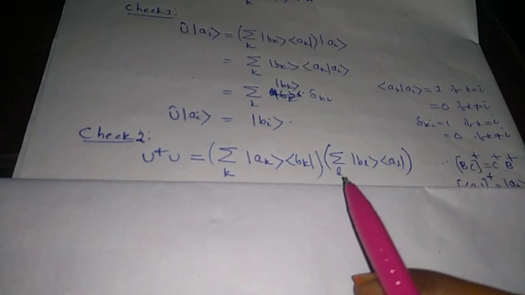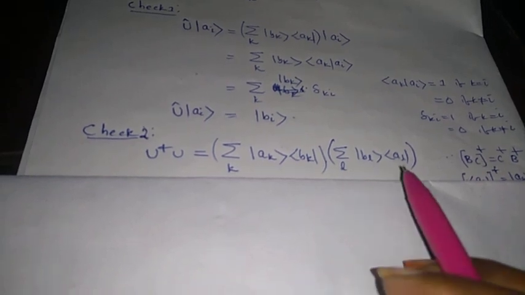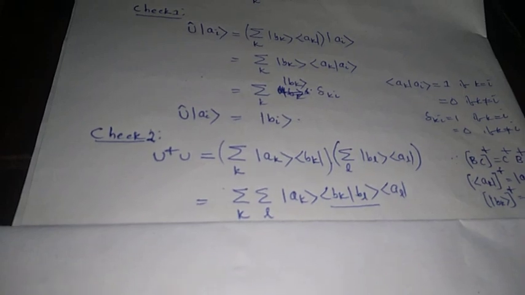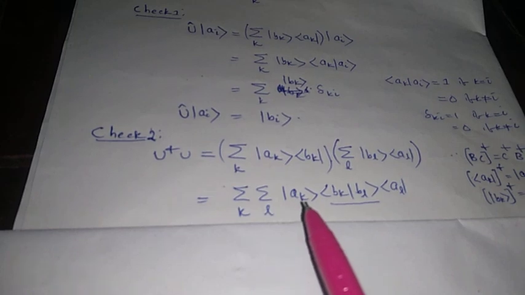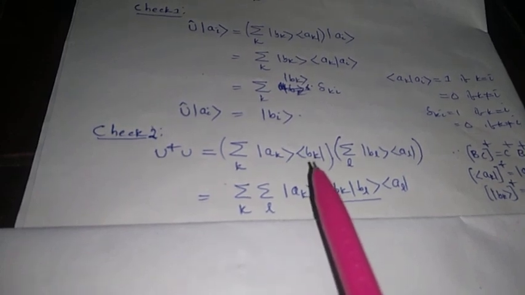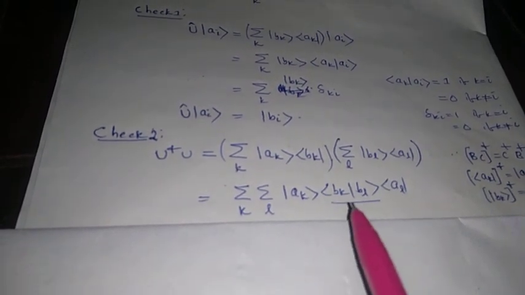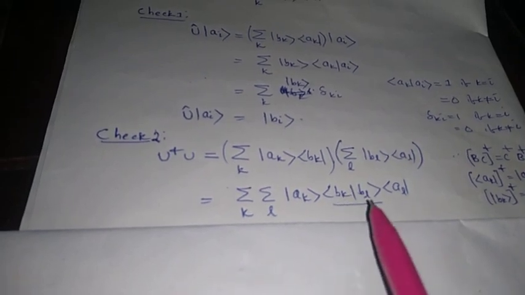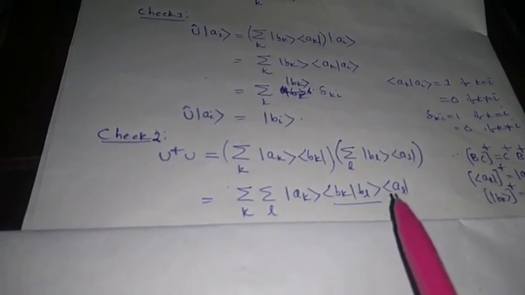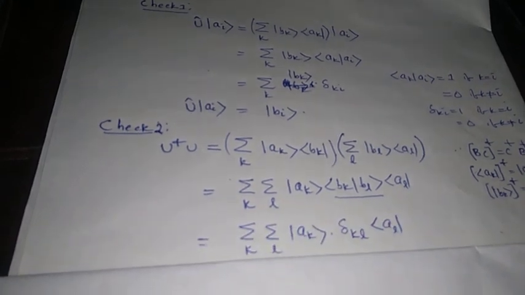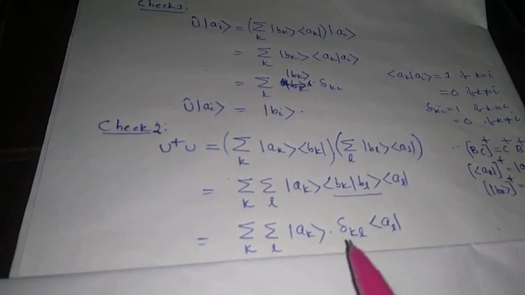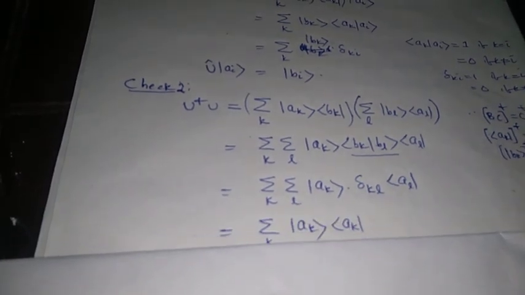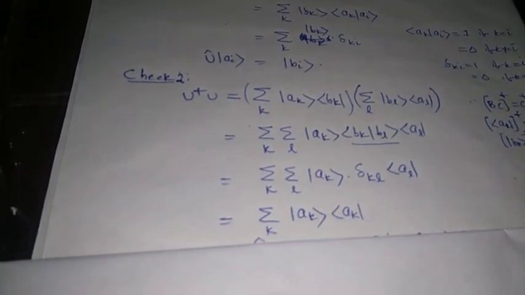And if we take U with the summation index l, then when we write the summations together, and we have a_k and this b_k and b_l written together, it becomes a scalar product of b_k and b_l, and a_l comes as it is. In the next step, for this scalar product, we can substitute the Kronecker delta function for kl, which says that only when k is equal to l do we have 1, and it is 0 otherwise.